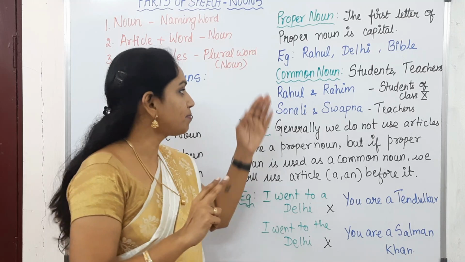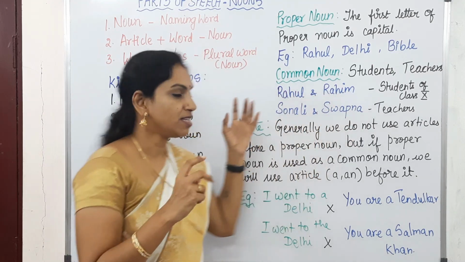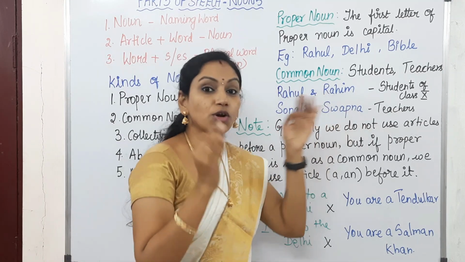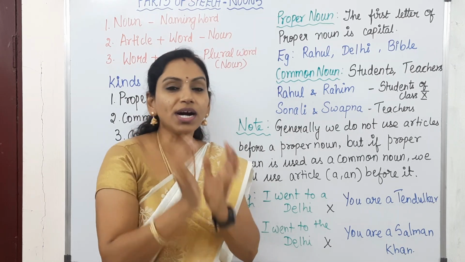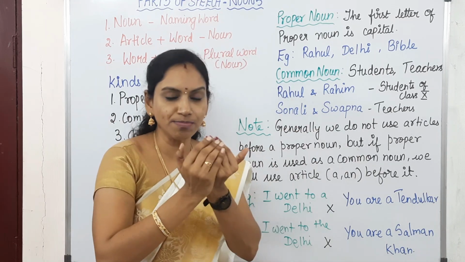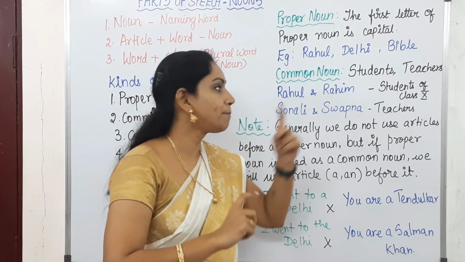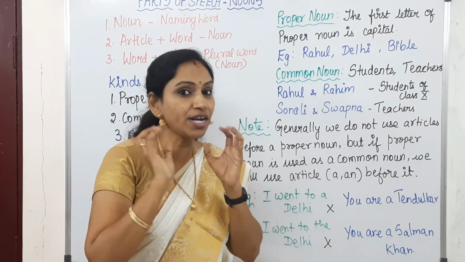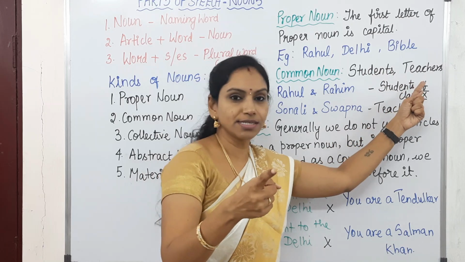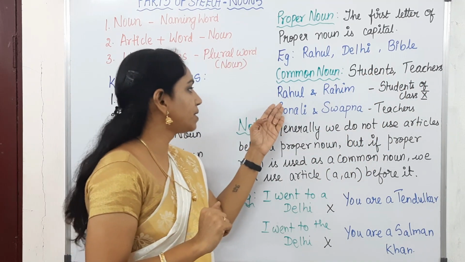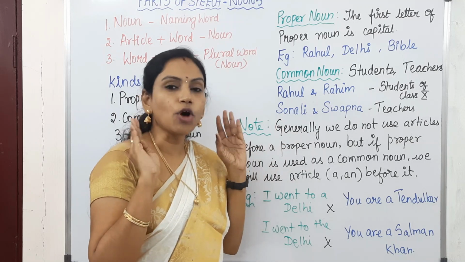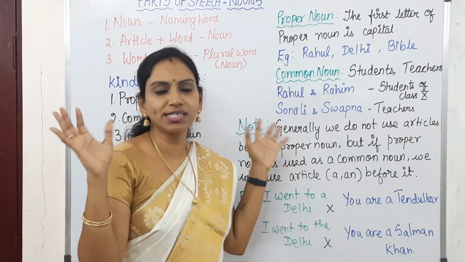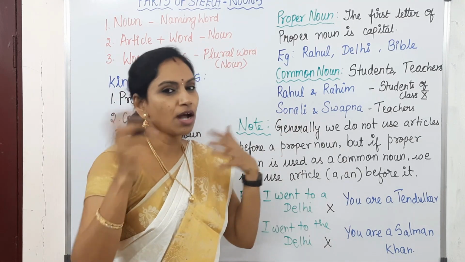Next, the second type is common noun. We have seen proper noun, and here it is common noun. The noun that is common for all. For example, students is a word which comes under common noun. In a class you have 40 boys: Rahul, Rahim, Santosh, so many.